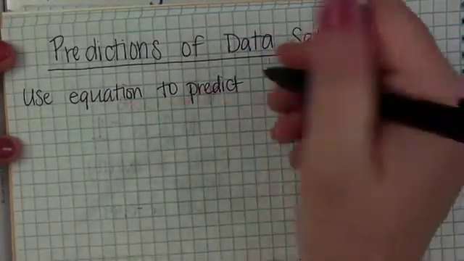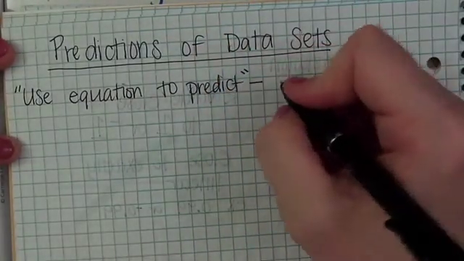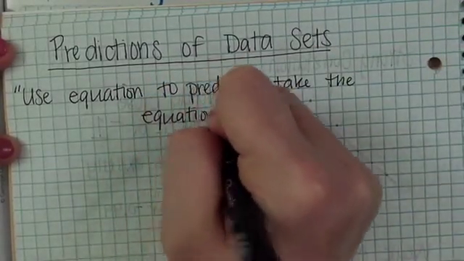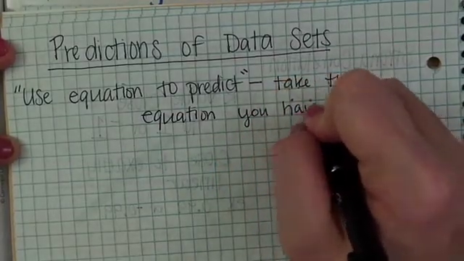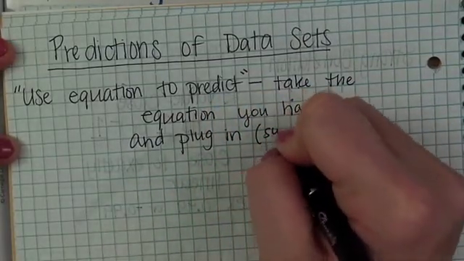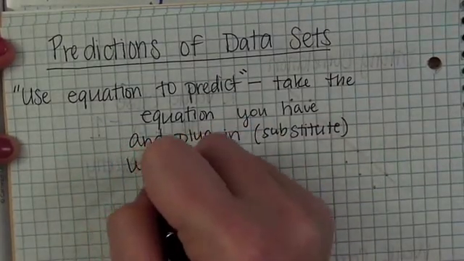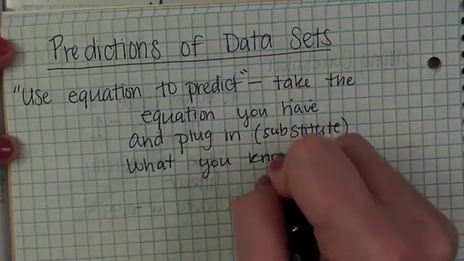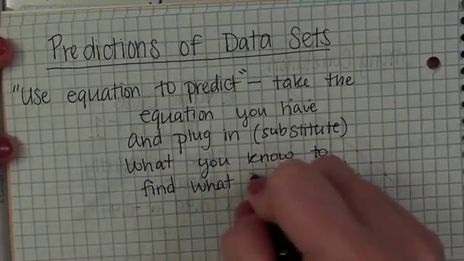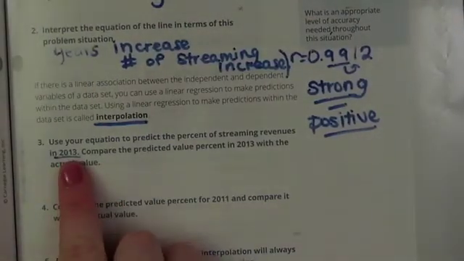If a problem says use equation to predict, take the equation you have and plug in, the mathematical word is substitute, what you know to find what is asked. So if we look at this, we're going to use 2013.